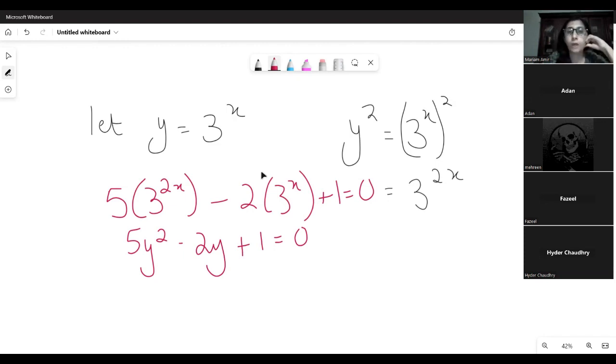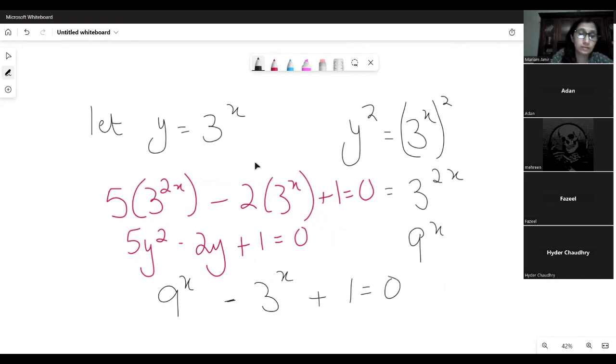How else can I write 3 power 2x? 9 power x. Yes, 9 power x. So even in an equation, if you see 9 power x minus 3 power x plus 1 is equal to 0, then that is also y square minus y plus 1 is equal to 0.